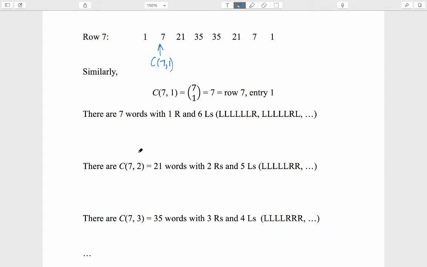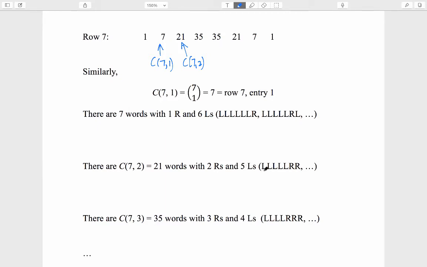How about 7 choose 2? 7 choose 2 just means go to row 7, entry 2, and see what number is there. That number is 21. There are 21 words with 2 R's and all the rest L's. That is 7-letter words with 2 R's and all the rest L's. So that means 5 L's.